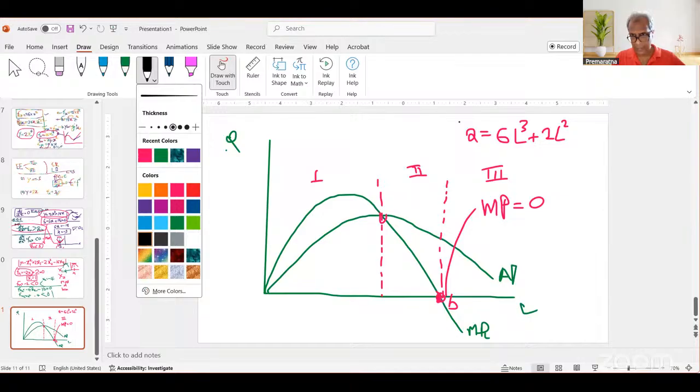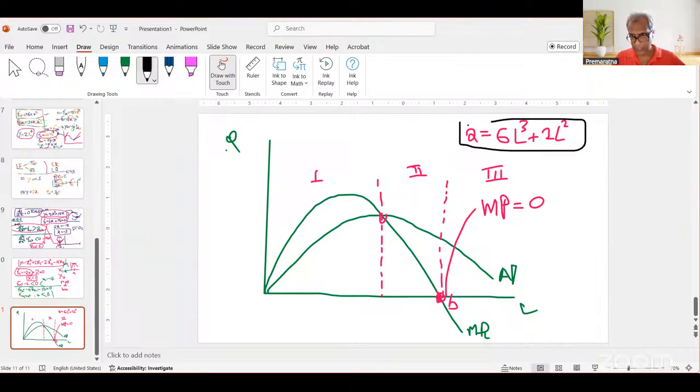When you differentiate Q with respect to L, we get the marginal product. In this example, let's say it is 18L squared plus 4L. That is the marginal product.